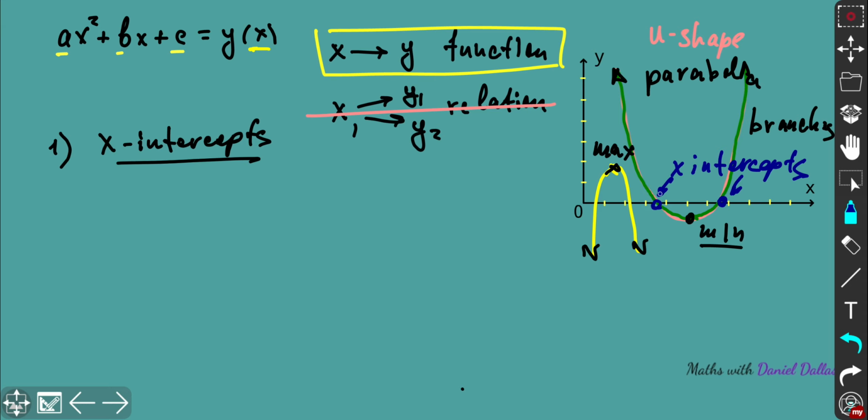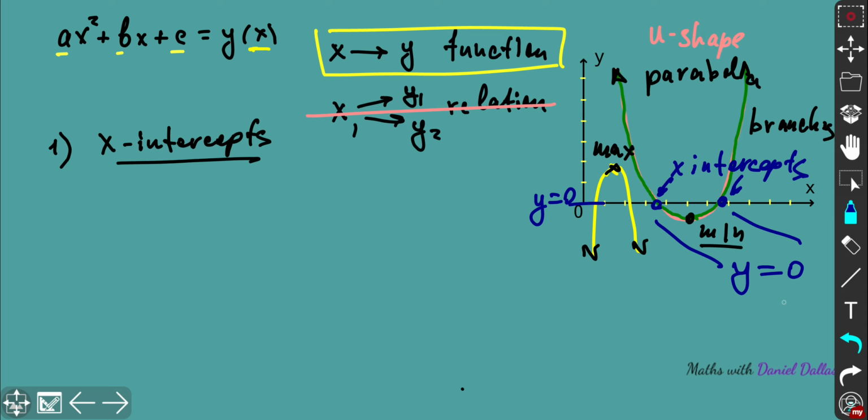The general condition where we can pick the x-intercept is that when the parabola crosses the x-axis, the y value is equal to 0, because have a look, those points are at the level where the x-axis goes, which means the level y equals 0. This is sort of ground level.